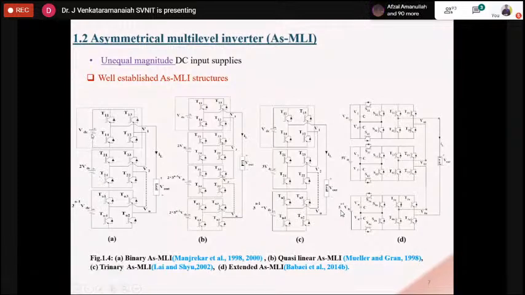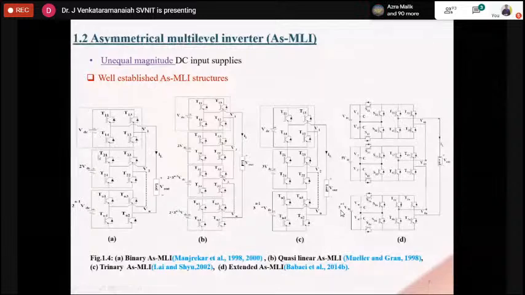Here the DC sources are selected in binary fashion, VDC, 2 VDC, up to 2 to the power of n minus 1 VDC. Compared with the symmetrical MLI, we are using very few switching devices for the same number of levels, as well as fewer DC sources.